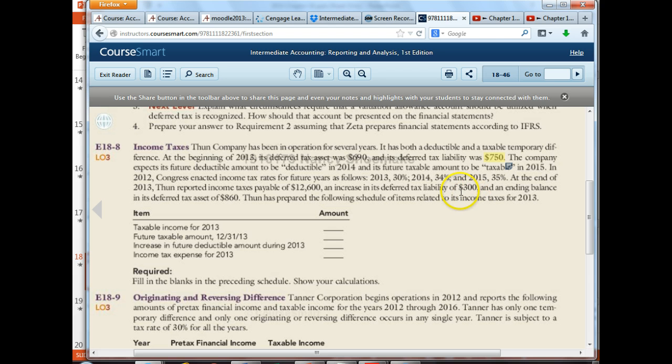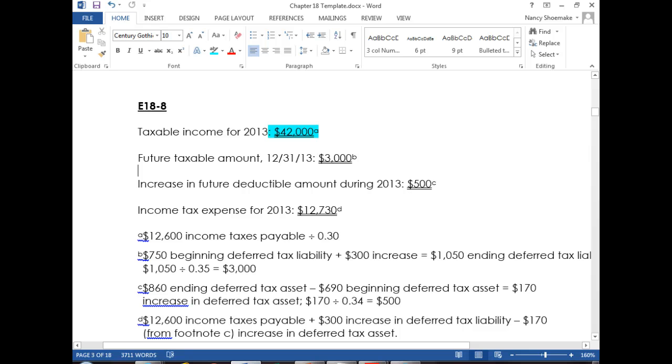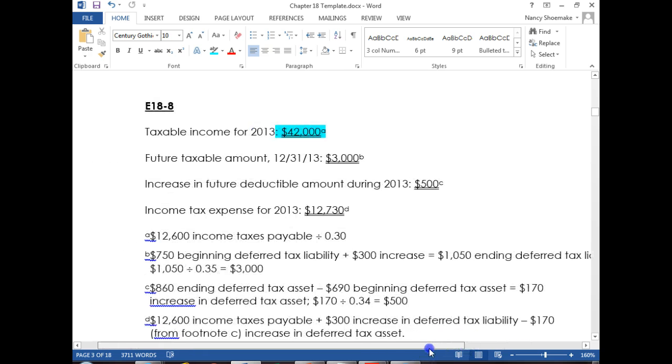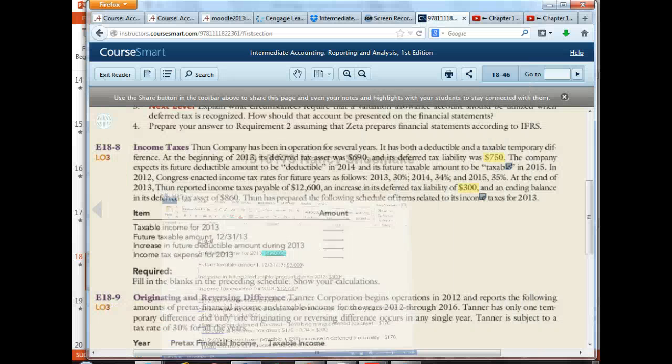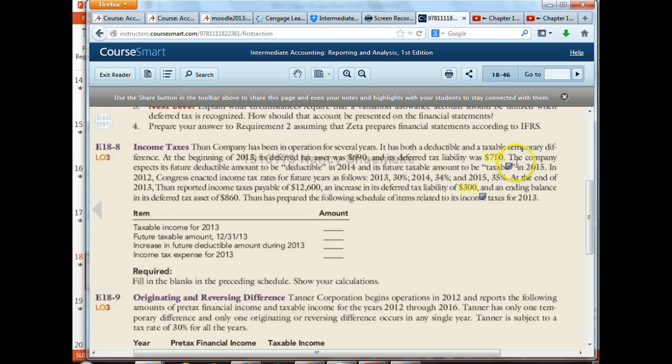We started with a $750. We added to that a $300 deferred tax liability. What does that give us now? $1,050. Ending deferred tax liability. And what is the tax rate going to be in that year? Is it 2015? The taxable in 2015. Our 2015 rate is 35%. How many of you guys see what I'm doing?